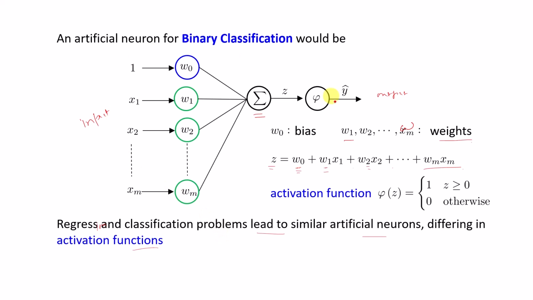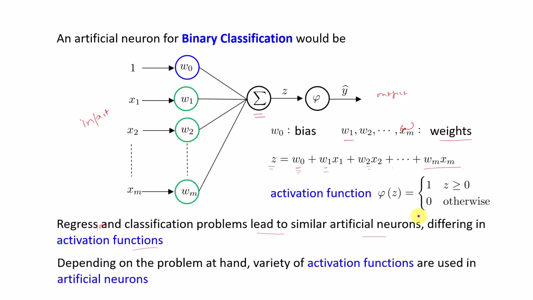Otherwise, this neuron is very similar to multiple linear regression. The only difference is in the activation function. In multiple linear regression, phi(z) will be equal to z, but now it is giving 0 and 1. So depending upon the problem at hand, we can use a variety of artificial neurons as well as a variety of activation functions.